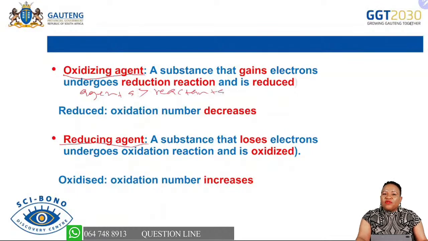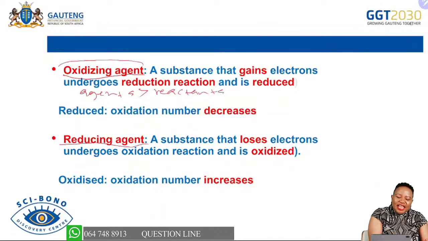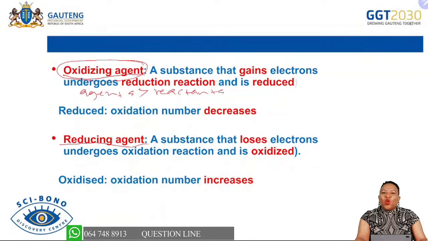It's like when you have a car agent. A car agent will stimulate you buying a car. However, the car agent will not buy a car, meaning that the car agent will cause the buying to occur. Who is the buyer? The buyer is the person who will definitely buy the car. Now, when we look at an oxidizing agent, this is the agent that will make sure that there will be oxidation.